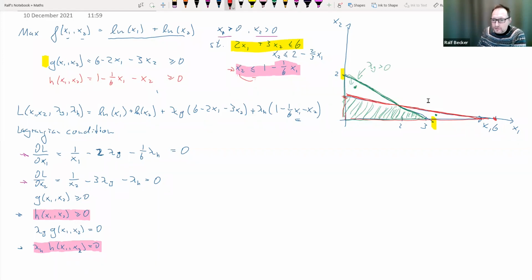On the red line, we would look for solutions where lambda H is larger than 0. So what we're going to do is, first, look on the green line. And we will see whether we find a candidate solution.